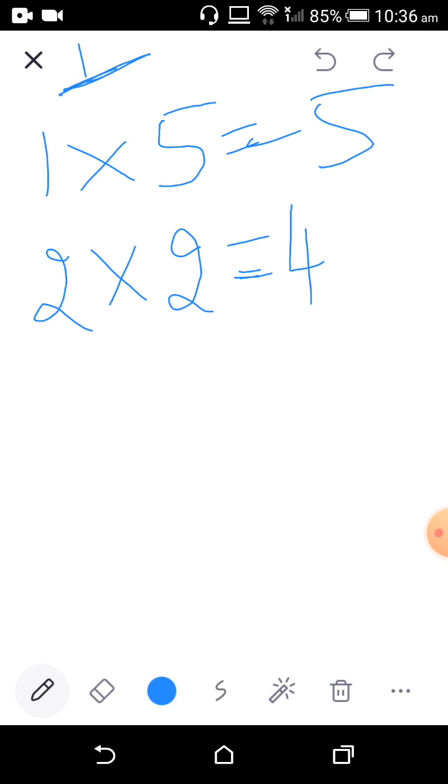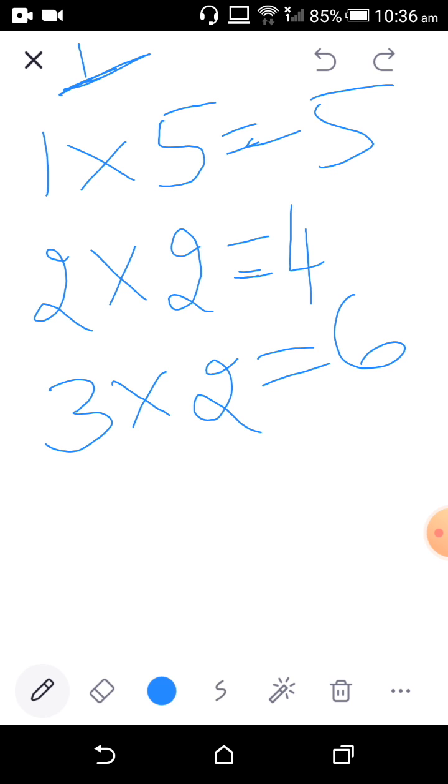Coming to the third main, it is a 3 mark question. Again out of three you need to answer any two.